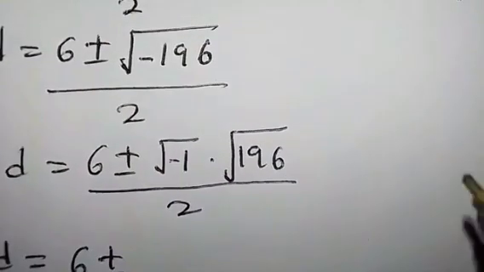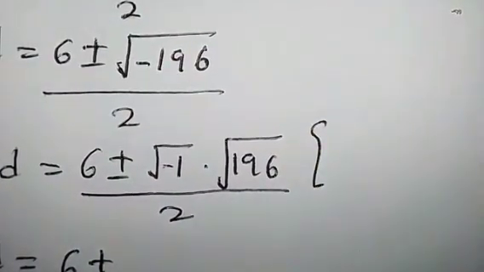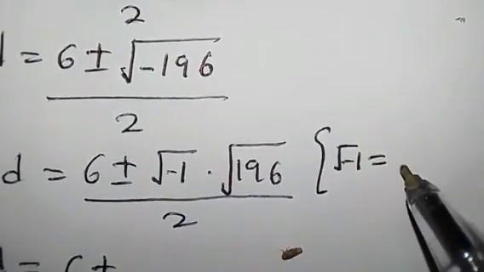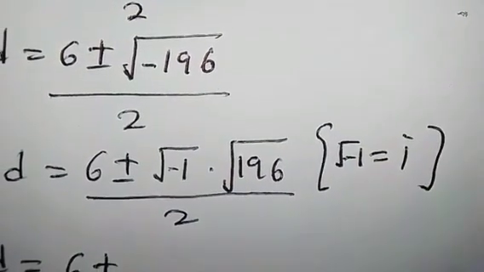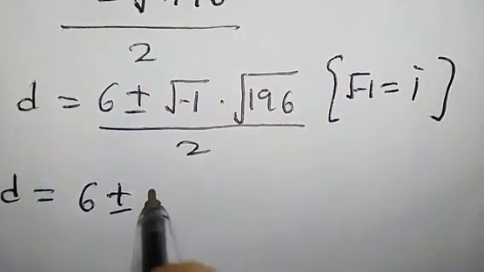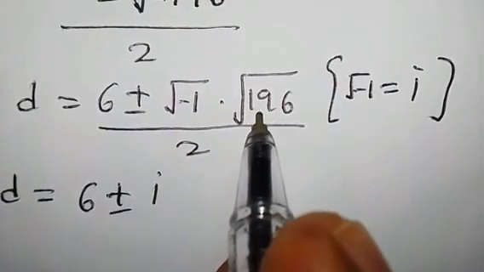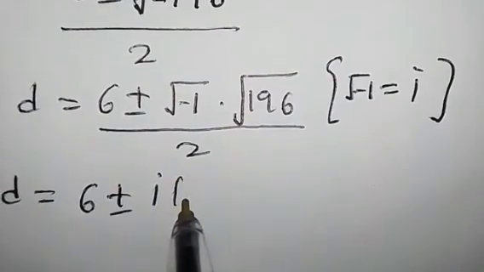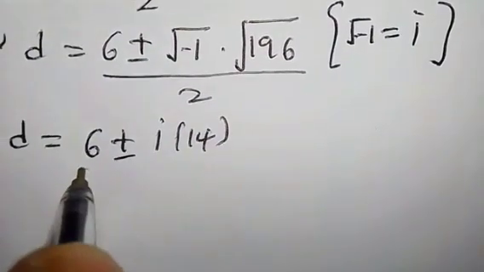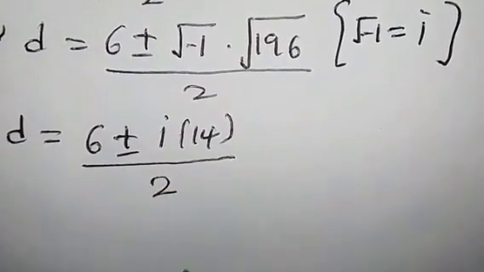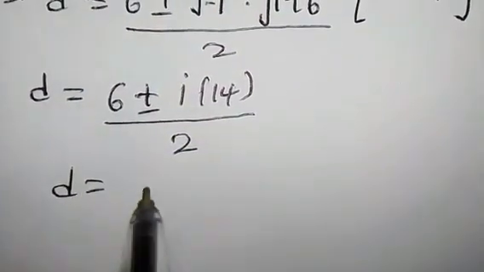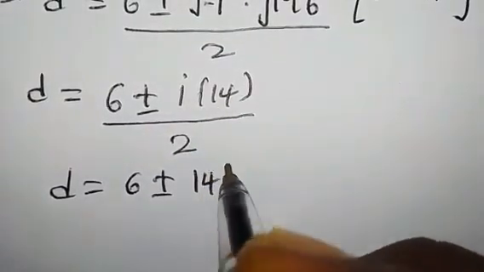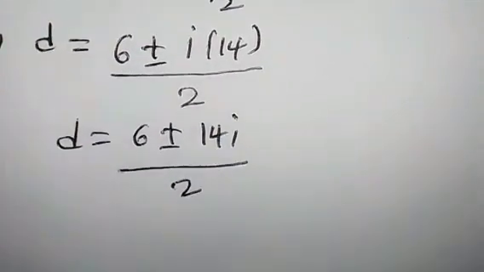But don't forget, from complex numbers, we know that √(−1) = i. So let's replace it with i. And what is √196? That is 14. So d = (6 ± 14i) / 2.